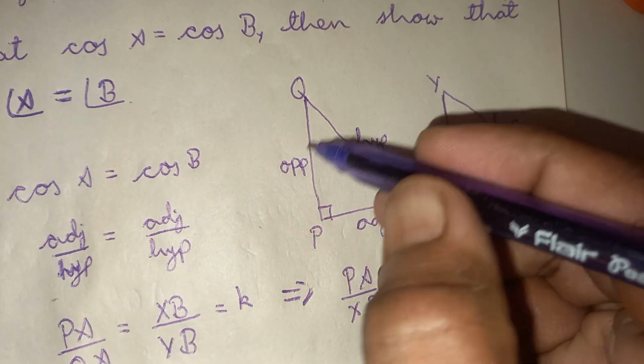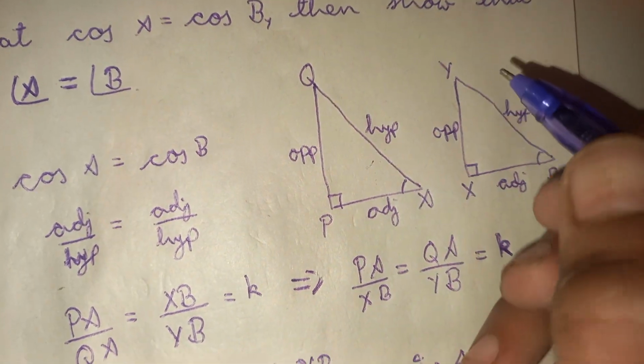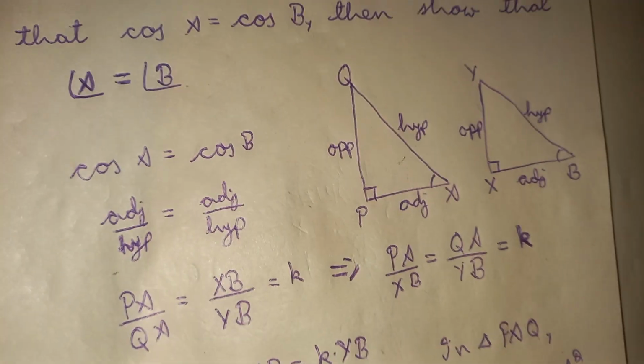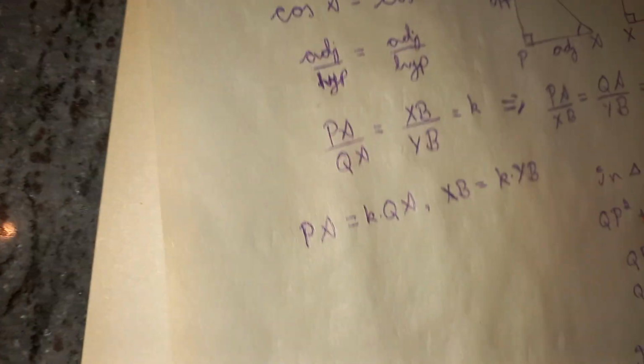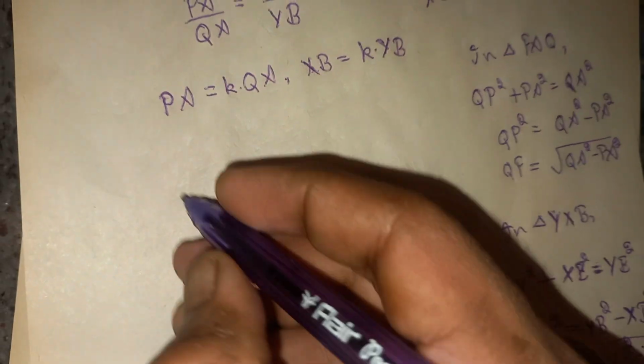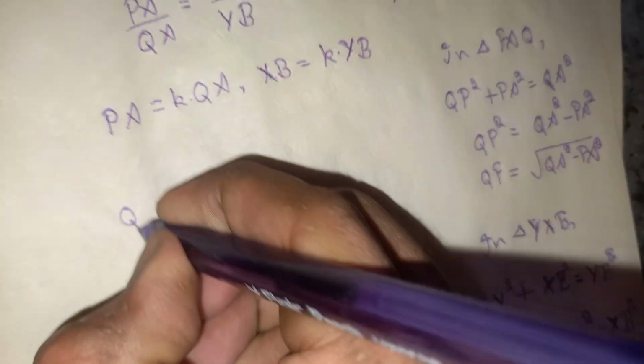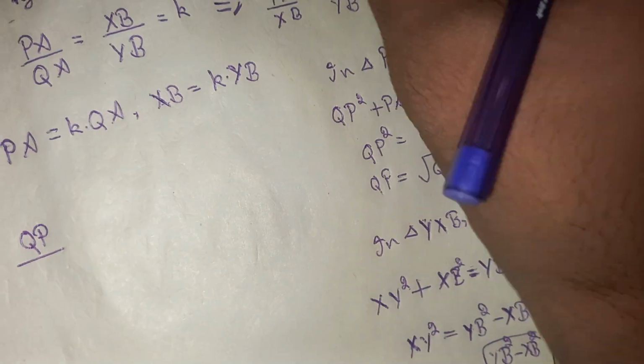Now you need to prove that QP by XY equals K. So let's take QP by XY.